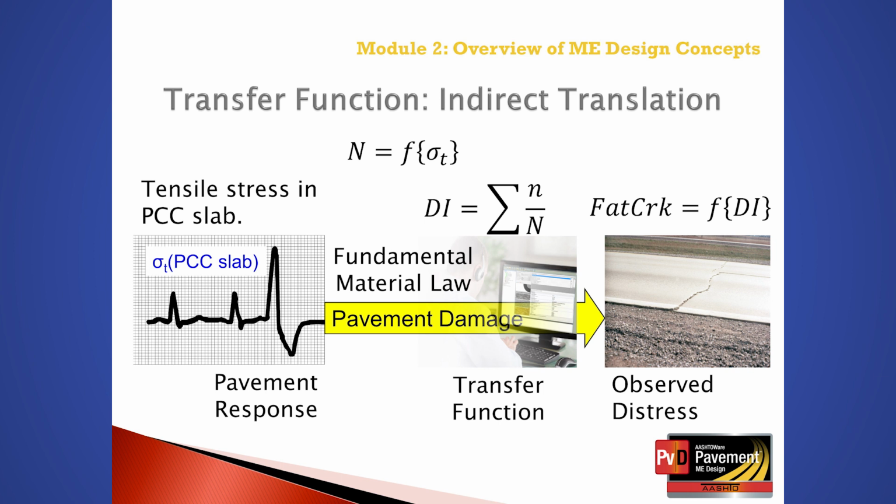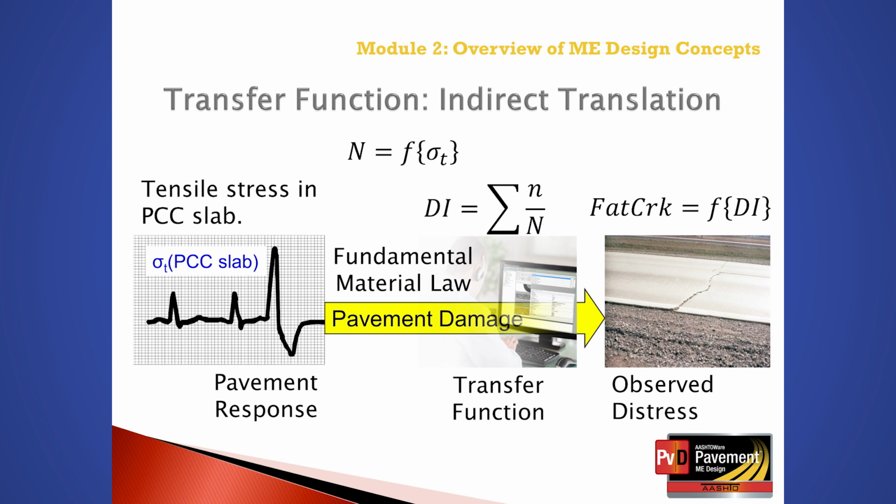The Portland cement concrete tensile stress is used to calculate the allowable number of load applications, noted as capital N, for the climate and the truck traffic axle load that cause the Portland cement concrete tensile stress.